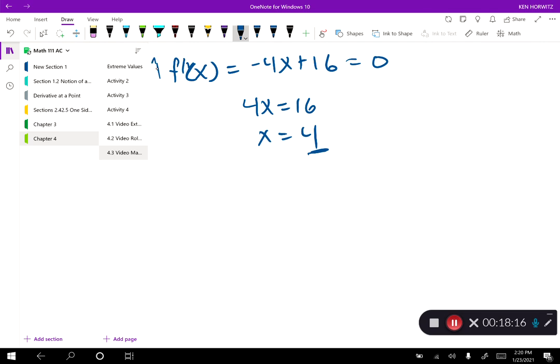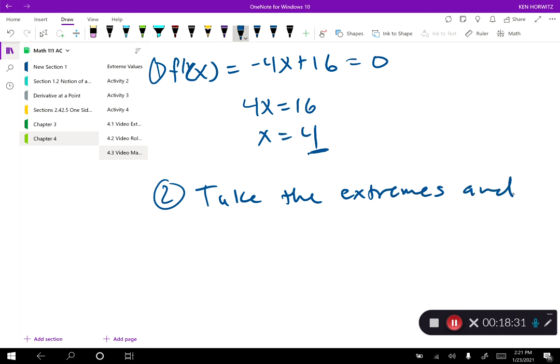So this was step 1. The next step says take the extremes and the critical number. I'm going to use Cn for critical number and plug them into the function.